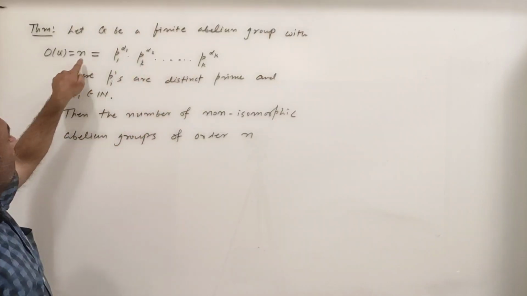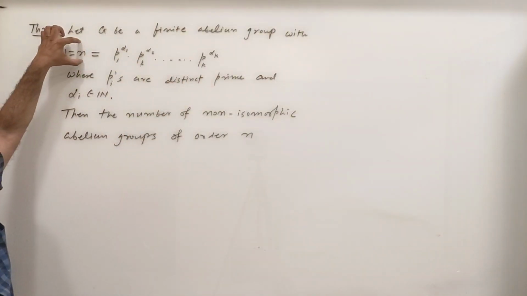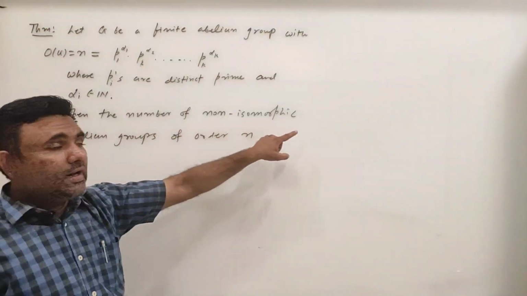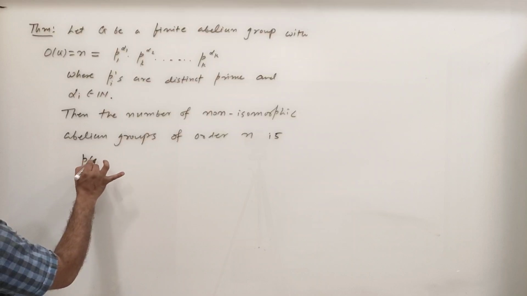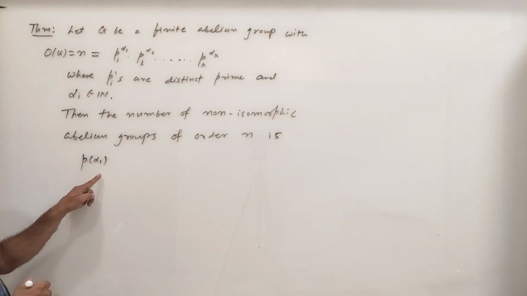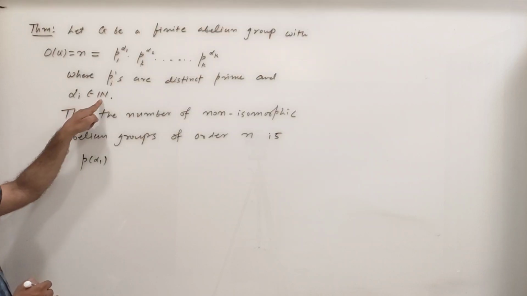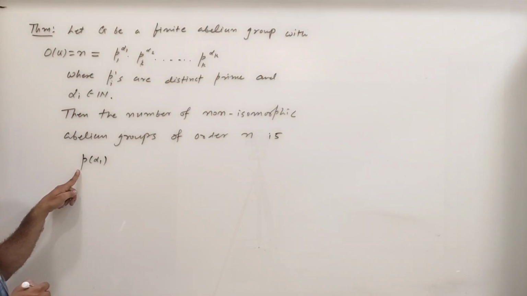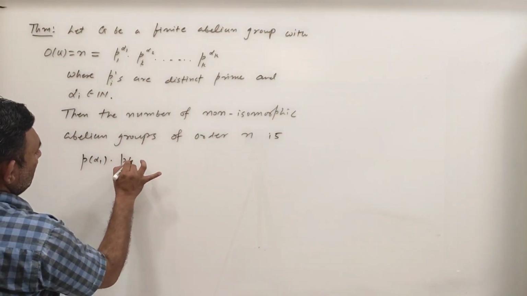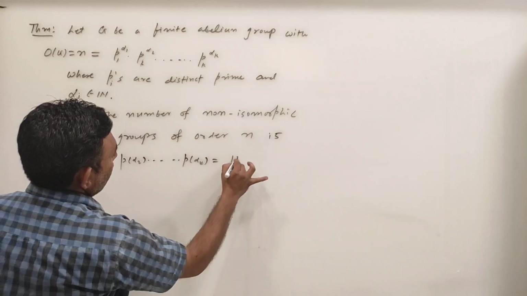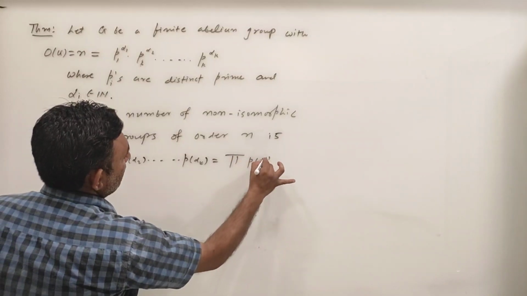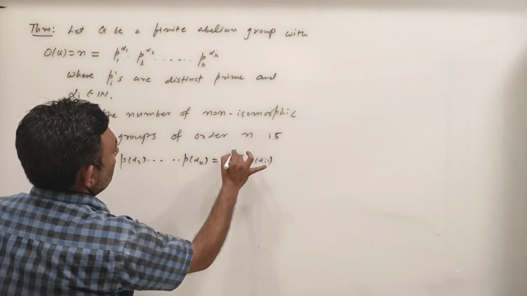It is just the prime factorization of n. So then the number of non-isomorphic abelian groups of order n is P of alpha 1, that is the partition of alpha 1, and alpha 1 is some positive integer. So we know what partition of alpha 1 means, the total number of partitions of alpha 1, into P of alpha 2 into and so on P of alpha k. So that is equal to the product of P of alpha i, i equal to 1 to k.